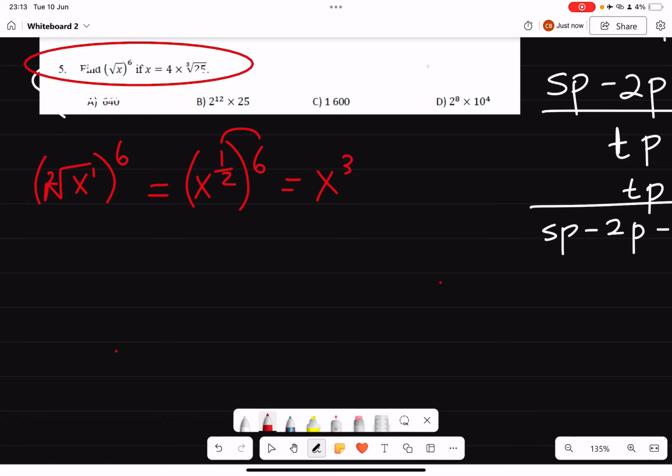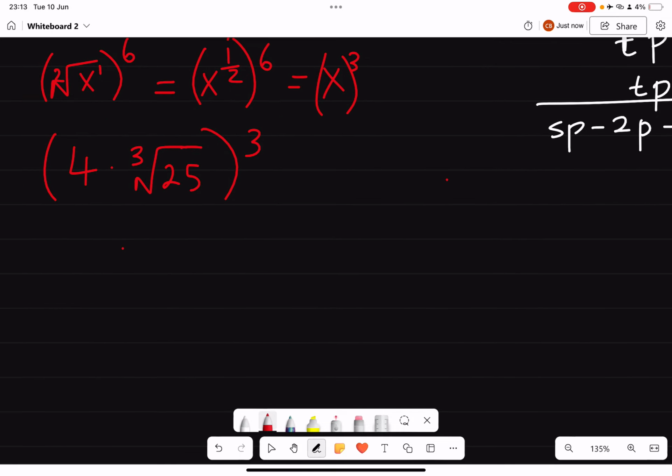So we are basically looking for the value of x to the power 3. And they gave us that x is basically 4 multiplied by cube root of 25. So I can sub it in here, right? Because that is my x. It's going to be 4 times cube root of 25, all to the power of 3. And then you can use this fact that we can multiply each term inside by the outside exponent. So this I'm going to multiply by 3.